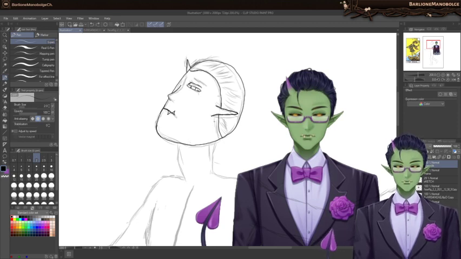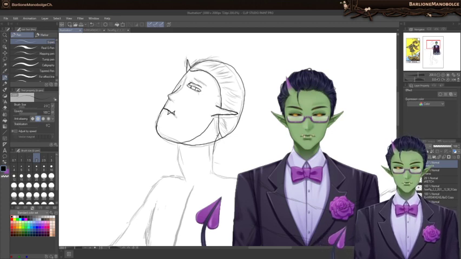You know what it is? Because the face sort of exists on its own plane, but the jawline, yes, the face is protruding from the neck. Like this, I think.